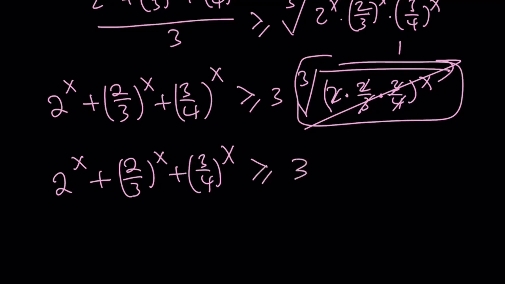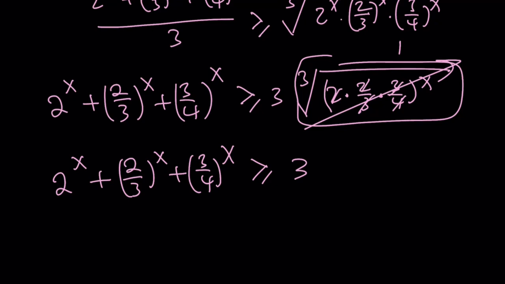But remember, our original equation said that the sum is equal to 3, not greater than or equal to 3. So when does that happen? When you have the AM-GM inequality, when does (A plus B plus C) over 3 equal the cube root of ABC? When all the terms are equal, obviously, right?